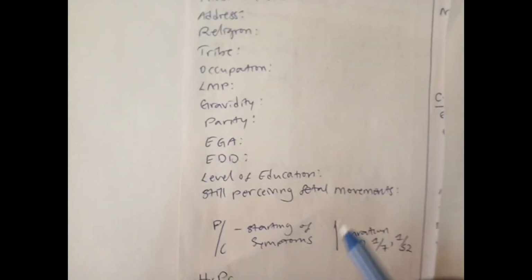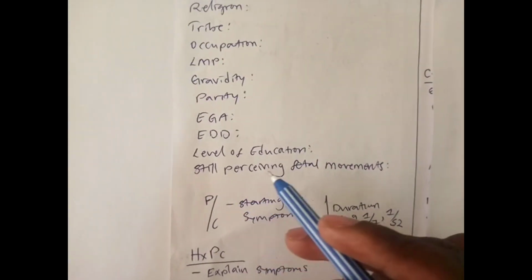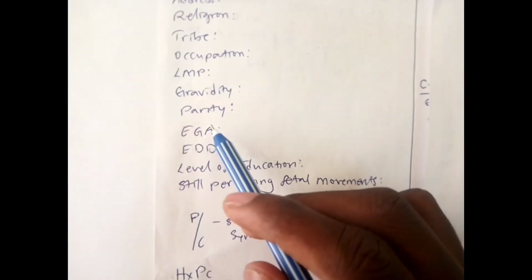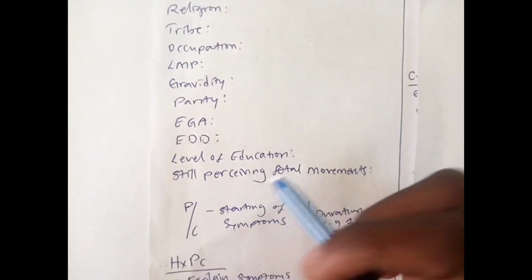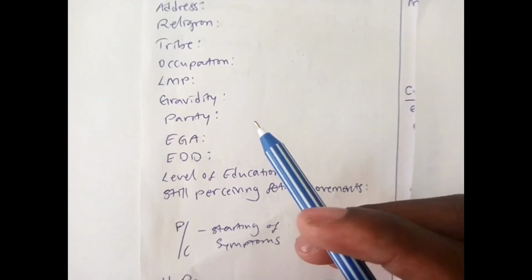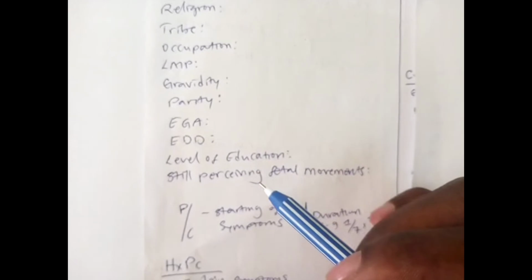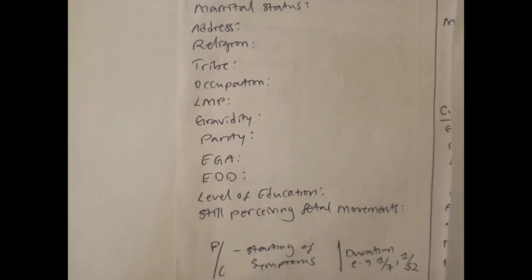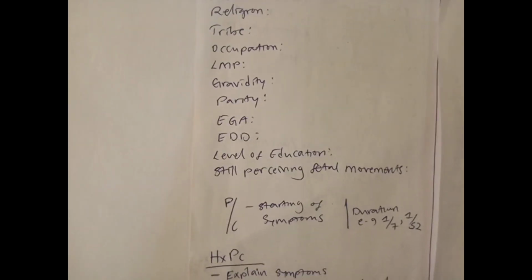The level of education, and you also ask if the patient is still perceiving fetal movements. Of course, EGA, EDD, still perceiving fetal movements if the patient is pregnant, because you can't ask if they are perceiving fetal movements if the patient is not pregnant.